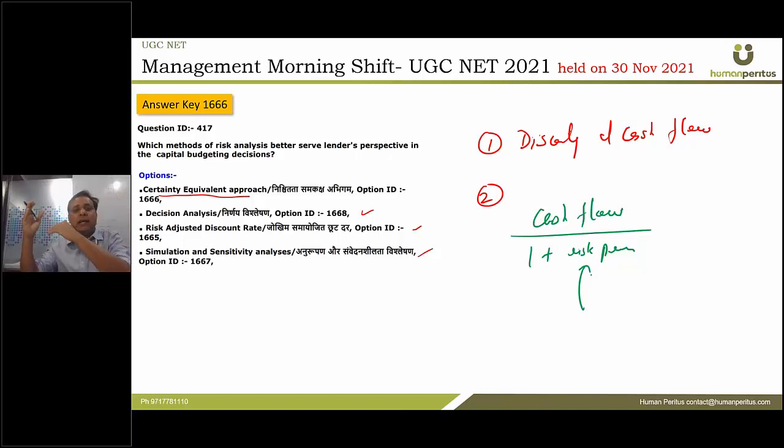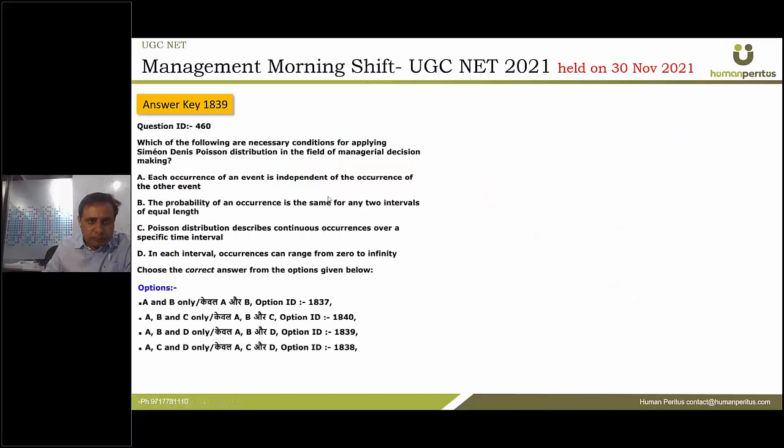We scale down every cash flow, then calculate our NPV and decide whether to select a project or not. This method is suitable from the lender's perspective. Why? Because the lender is protected for his returns. We are scaling down the cash flows based on the expected risk in the project, and this approach is known as the certainty equivalent approach.